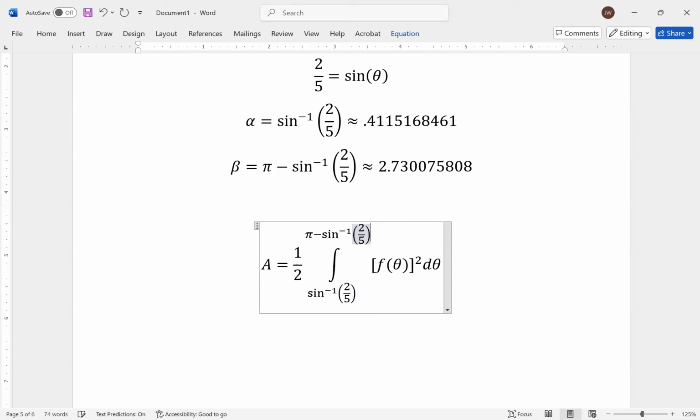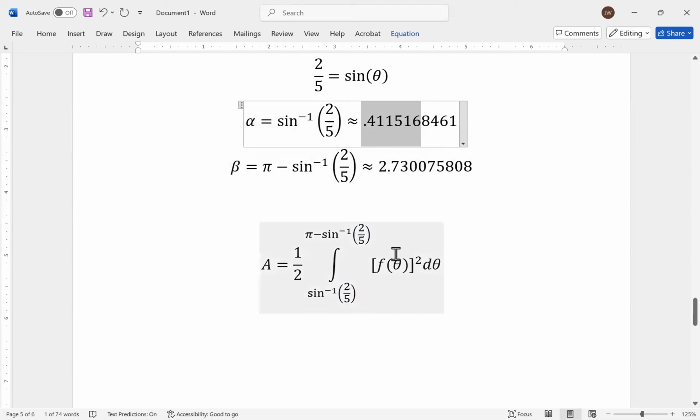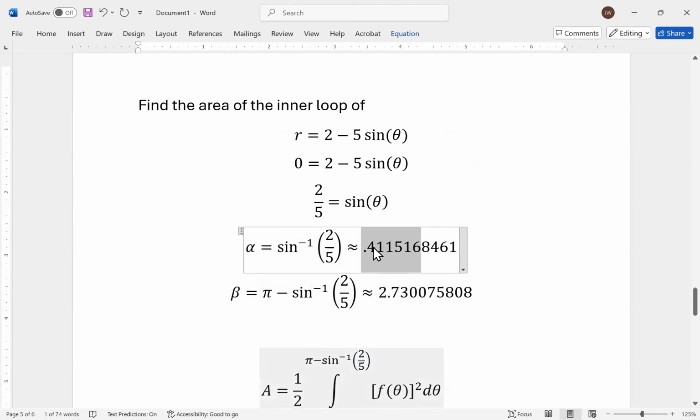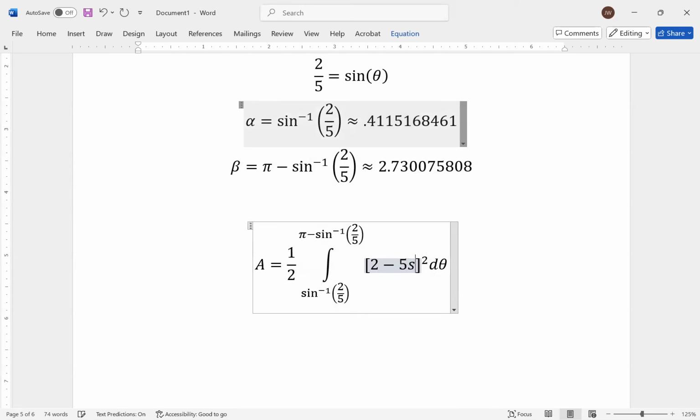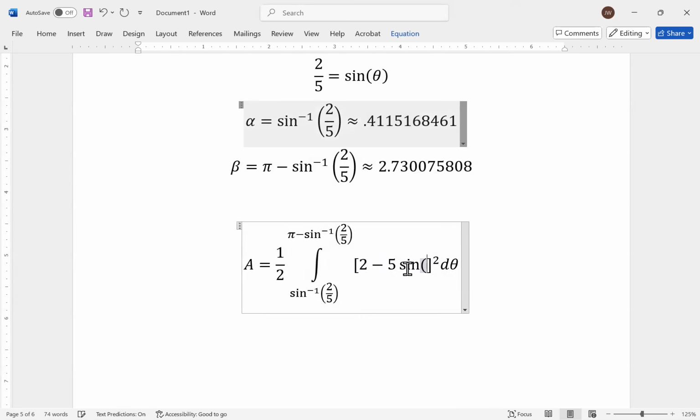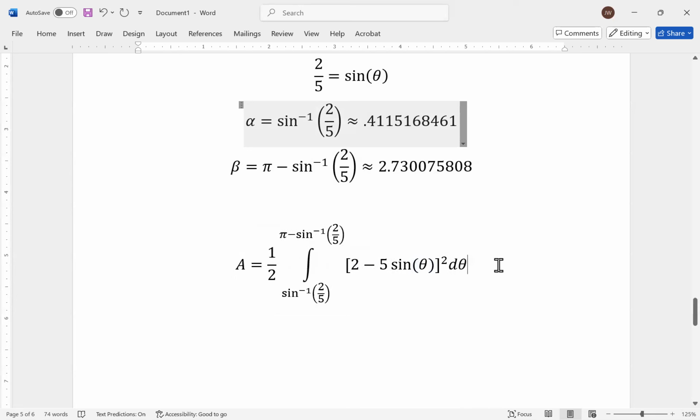And again, if you're okay with an approximation, you can just use the decimal versions on your trace feature. But remember, the R is 2 minus 5 times sine theta. So that's my function, 2 minus 5 times sine of theta. That's something that I can plug in.